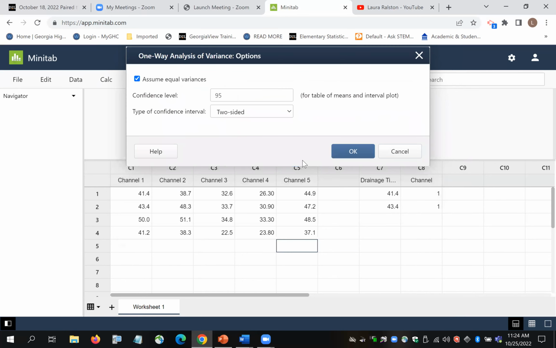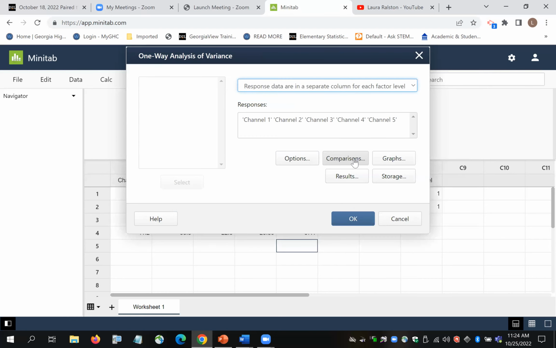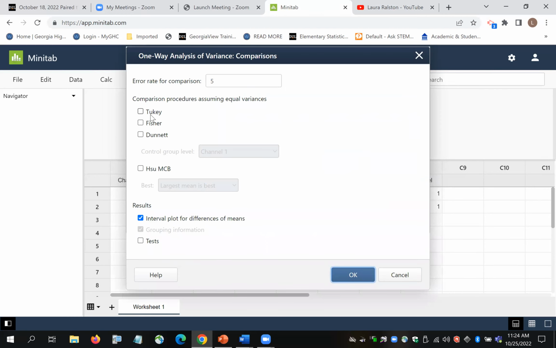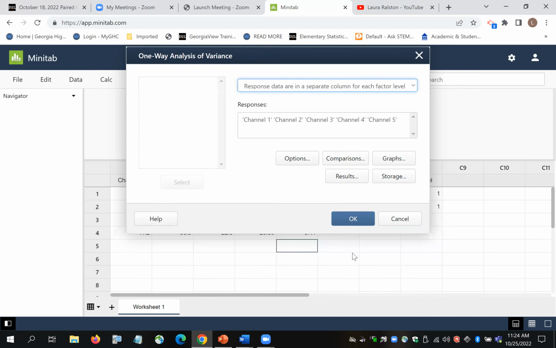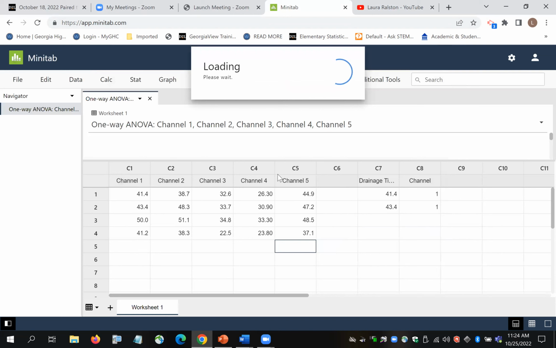We go to options. We're using a 99% confidence level. We always choose two-sided. For 2K tests, we click on the button that says comparisons and select Tukey. Everything else stays the same. I just click the box next to Tukey and I click OK. And I click OK again.